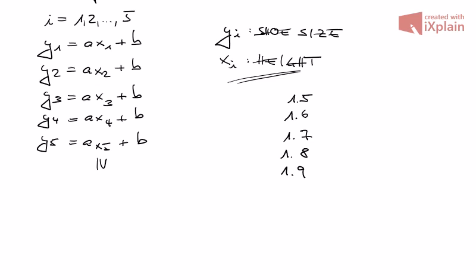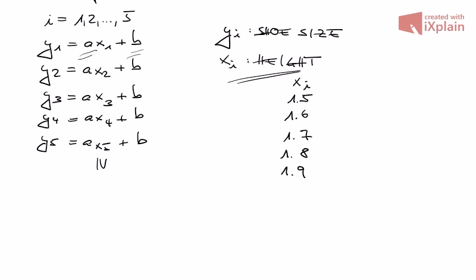And these equations here on the left, they say that the shoe size is given as the product of each of these height values with a value a, plus another value b. So then let's call this here our xi again. Then let's come up with a number a.